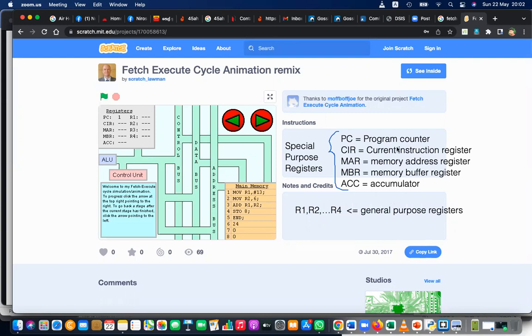I'll quickly summarize what PC does. PC is the count of the line. It is automatically incrementing by 1 in each cycle.